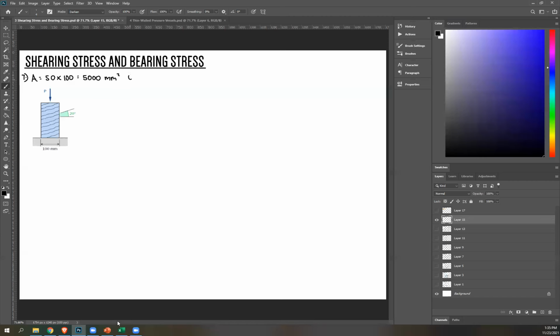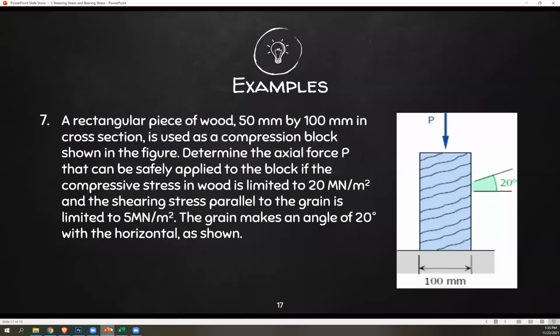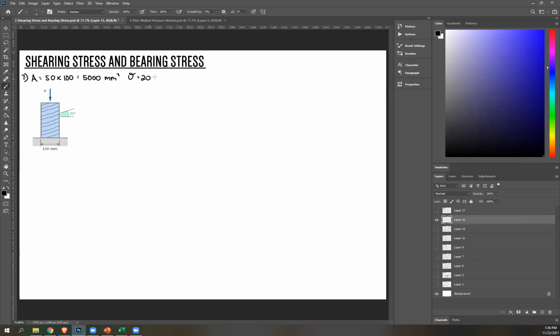We were also given compressive stress, which is just normal stress. So symbol for that is sigma. In wood, limited to 20 meganewton per meter squared. However, we already know meganewton per meter squared can also be written as MPa.